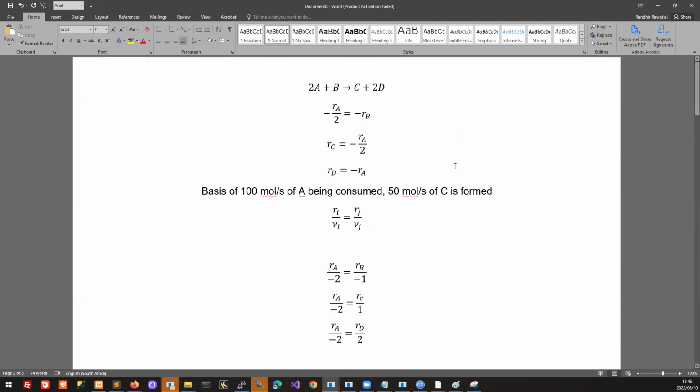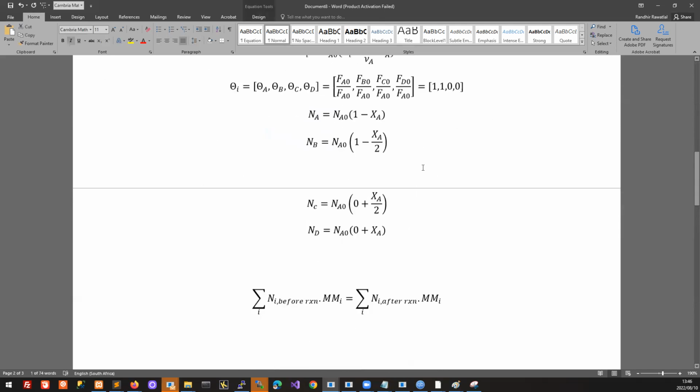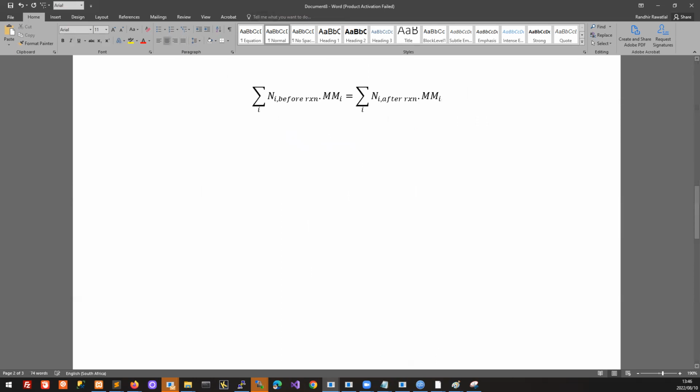And so if we think about this reaction, let's just copy it down here. So if we think about before reaction, let's do it on a basis of, again, 100 moles per second of A reacting, or let's say 1 mole. Let's say 1 mole of A reacts, okay? Then the number of moles consumed, or the mass consumed, and we'll say consumed like this because we don't consume mass.